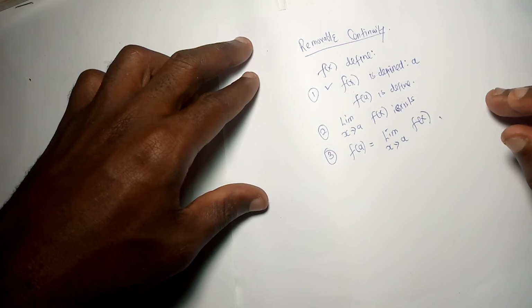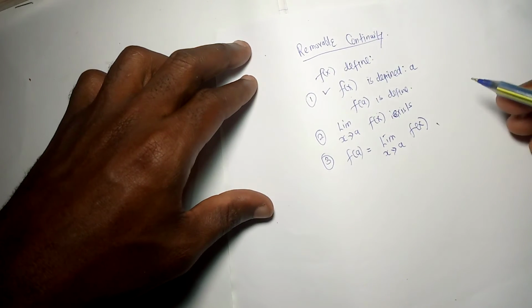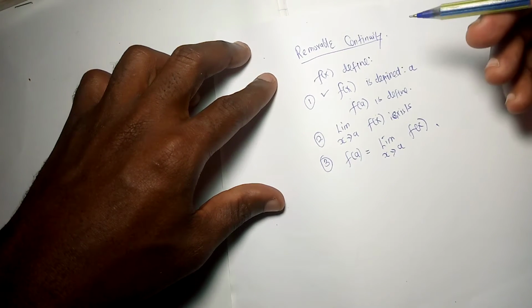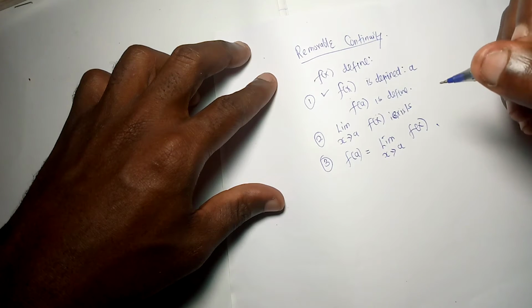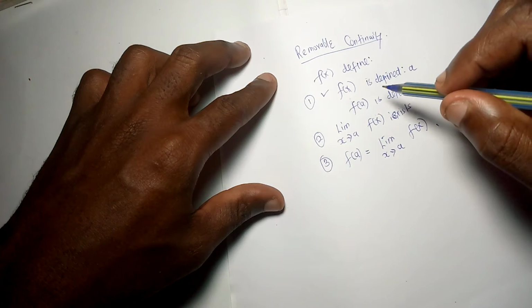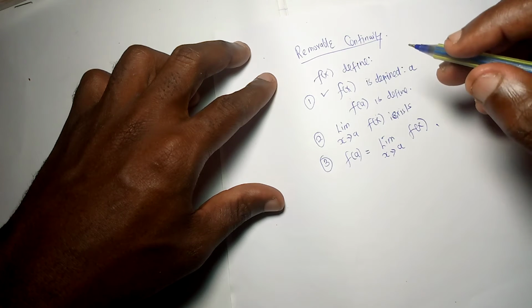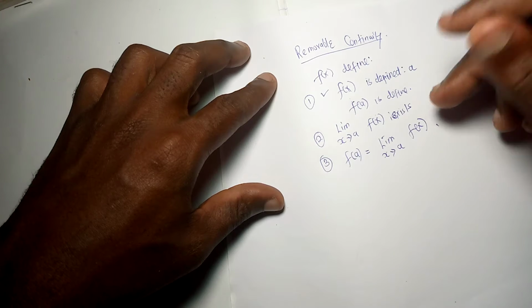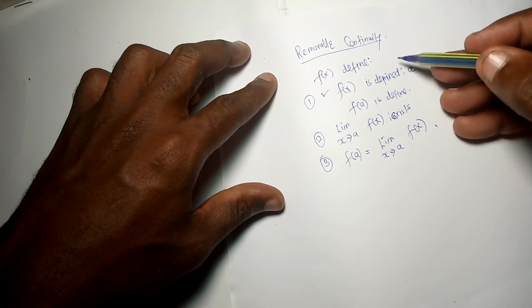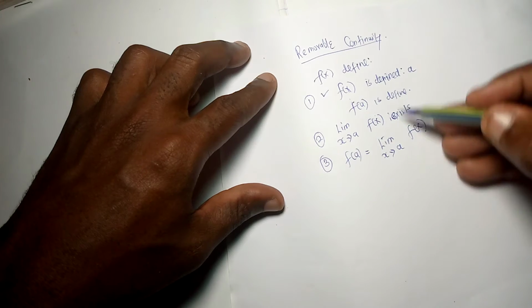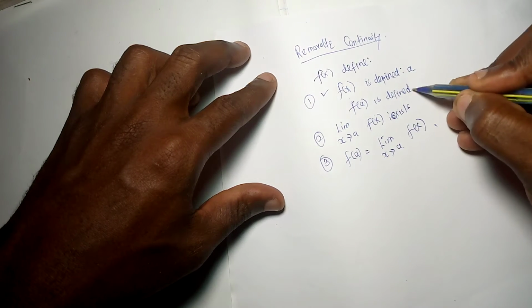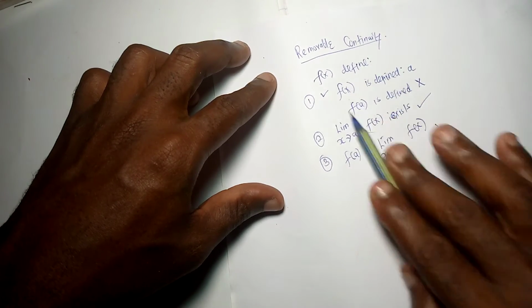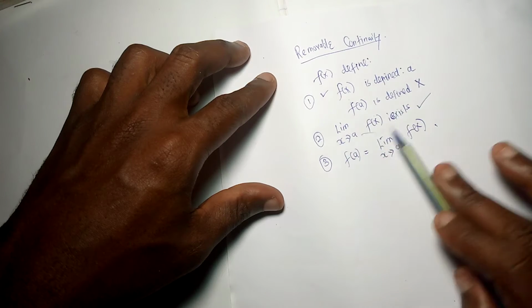However, we have instances whereby a function has what is known as removable continuity. It means that the function may not satisfy some of these conditions. Maybe f of a is not defined, so on direct substitution the limit does not appear to exist.